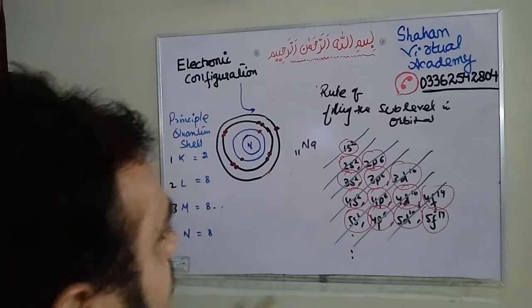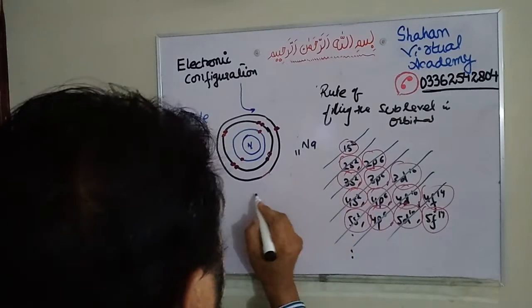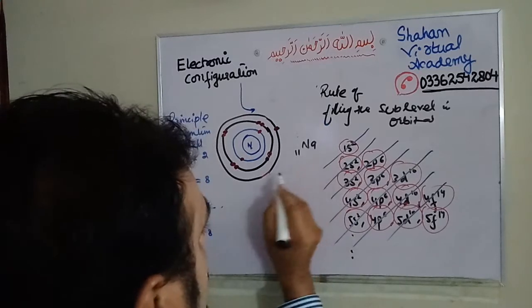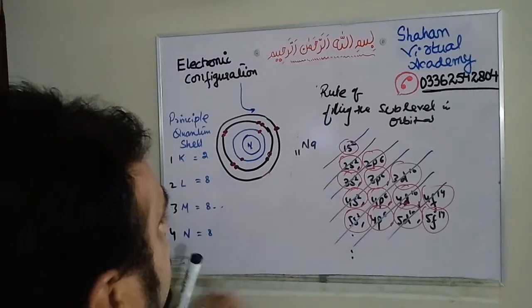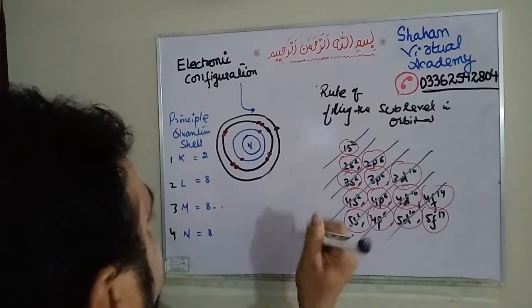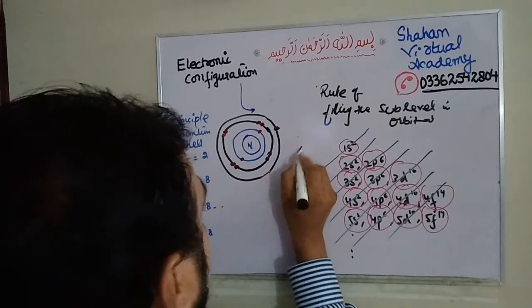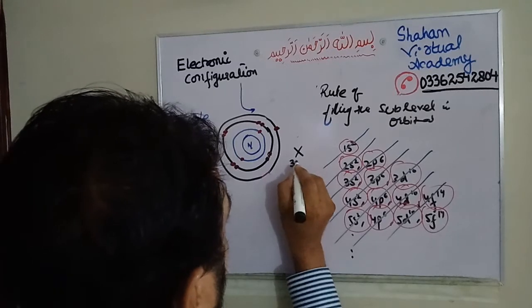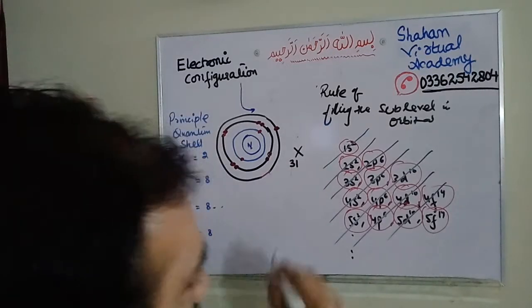Let's suppose we have an element X with atomic number 31.